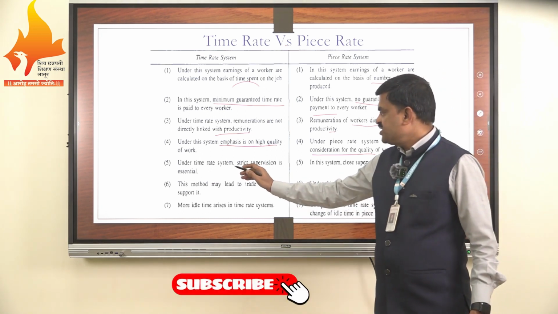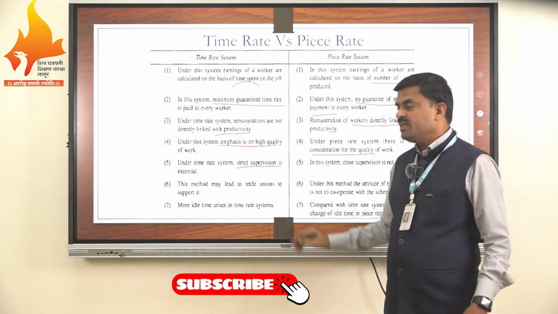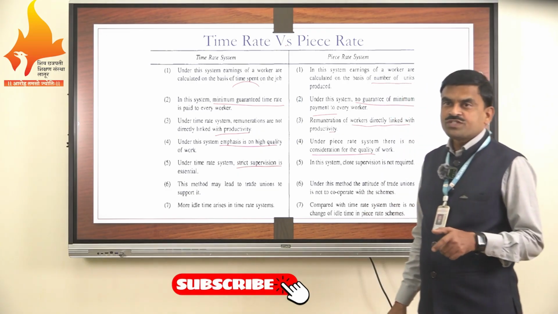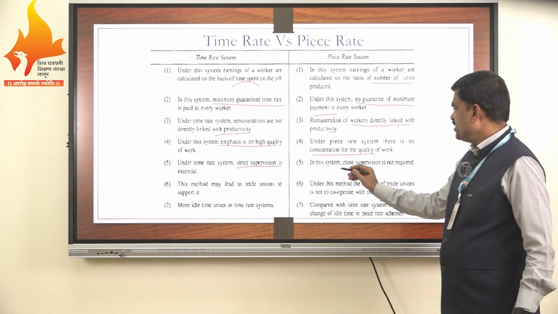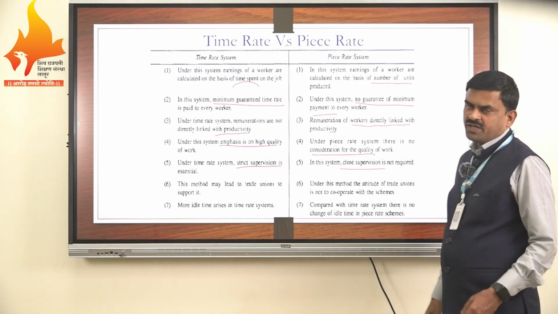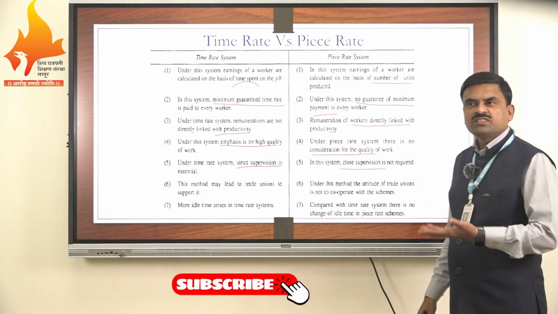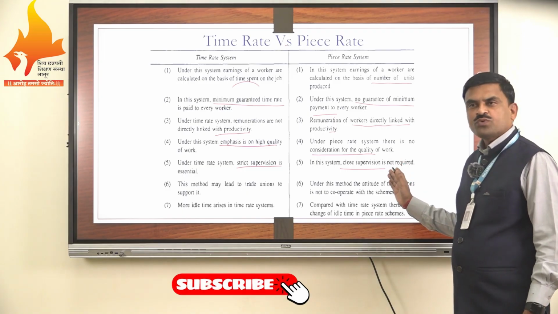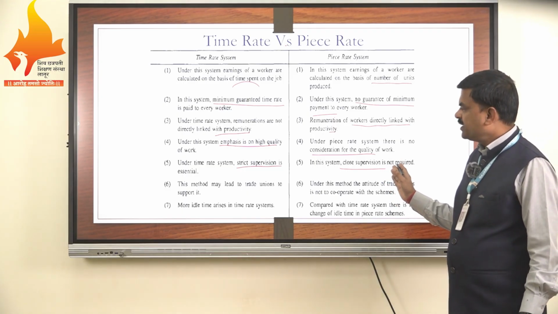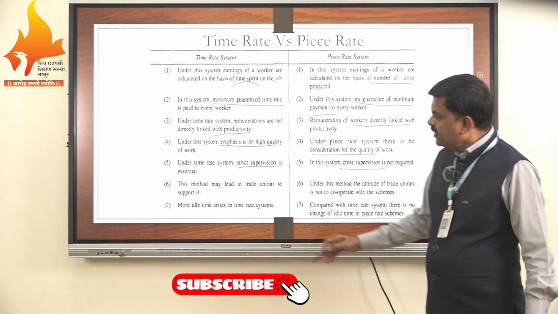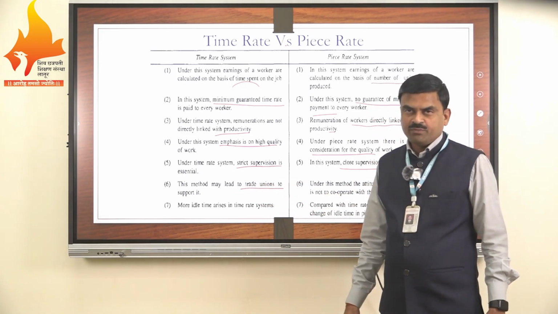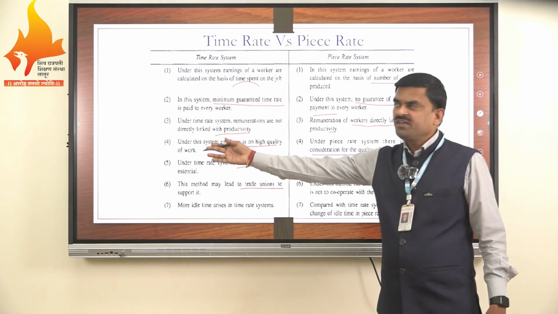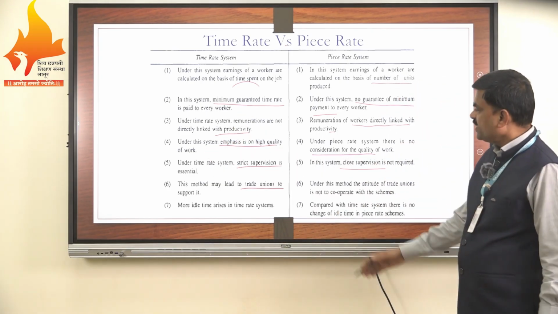Under the time rate system, strict supervision is essential because the quality of work is taken into account. Under the piece rate system, close supervision is not required because workers are self-motivated. They have to produce more units to get higher wages. Trade unions favor the time rate system.